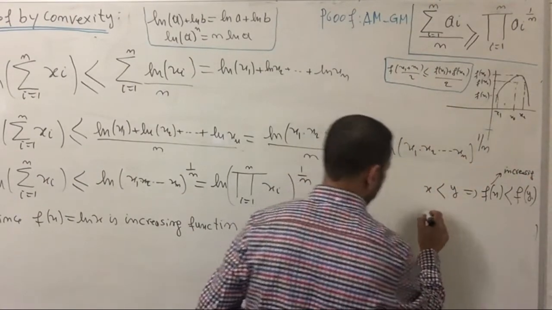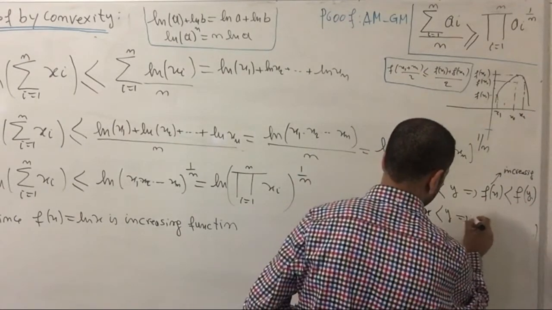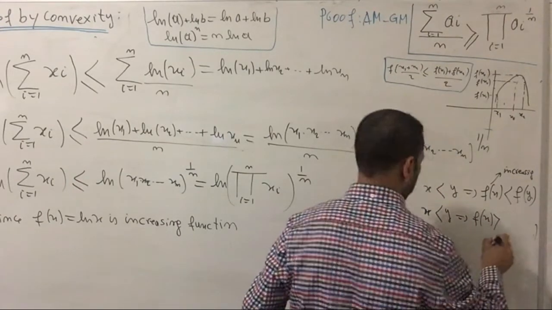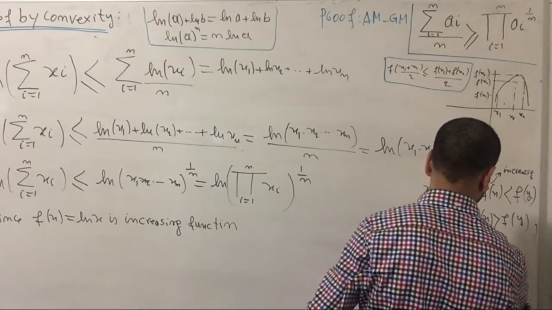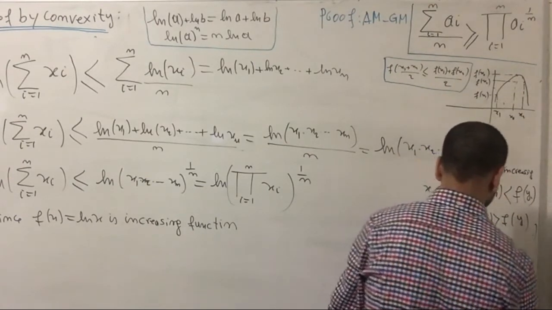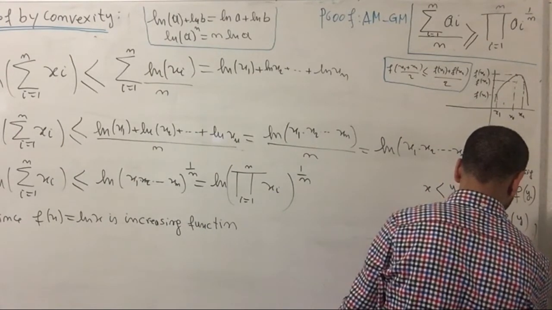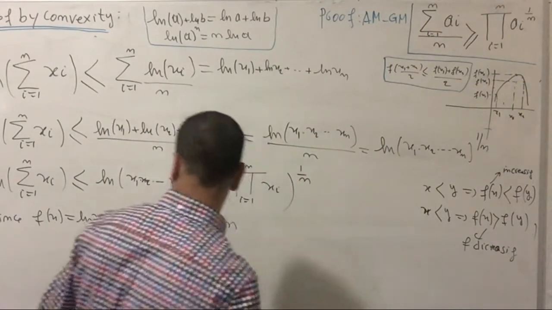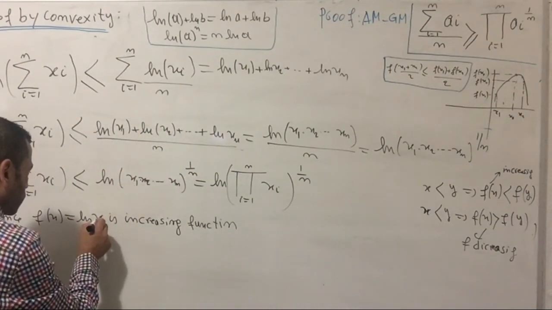If you have x inferior than y, f of x is strictly superior than f of y if f is a decreasing function. So this is very important. The natural log of x is an increasing function.